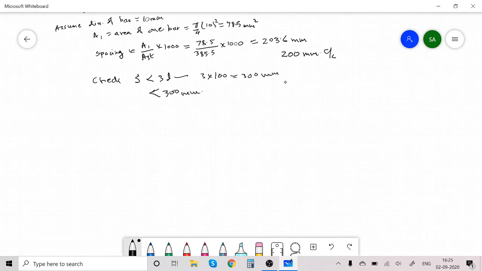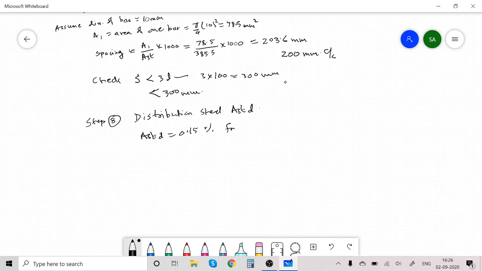Now in the next step, that is step number 8, we find the distribution steel, that is say Ast-d. We consider Ast-d as 0.15% for mild steel of A gross.